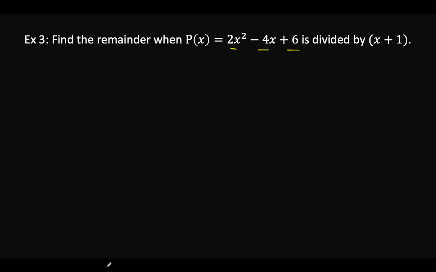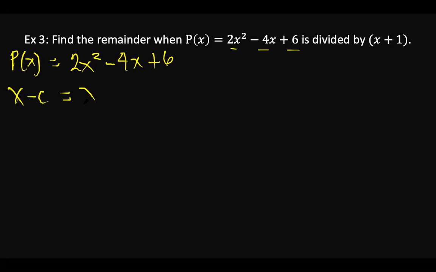So, eto. Again, our p of x ay 2x squared minus 4x plus 6. And our x minus c ay x plus 1, right? Okay, so step number 1. Ano nga ba yung step number 1 natin? Solve for c. Oh, sorry, this is supposedly 1.